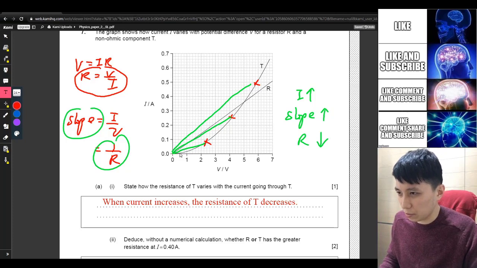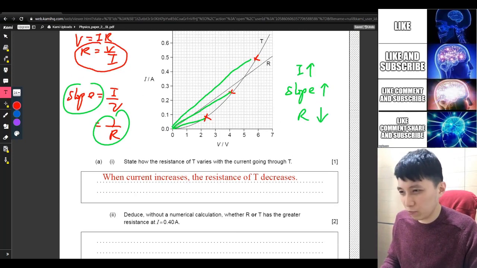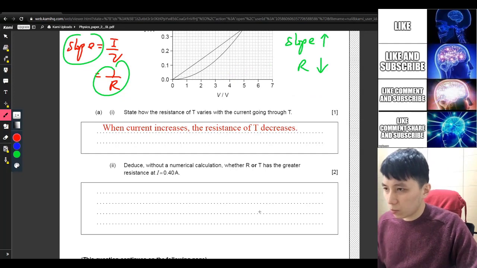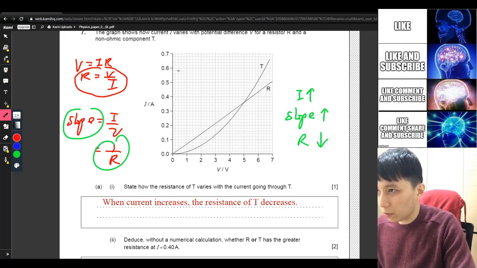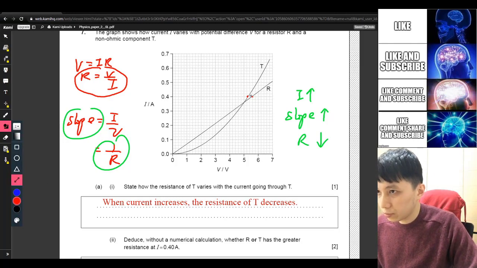Yeah, I think that should work for 1 mark, right? Decreases. Yeah, should we talk about the rate? If you really want to talk about the rate, I think decreasing at a decreasing rate, but I think we don't need that. I think that this should be good enough. Next up, it asks you which one will have a greater resistance at 0.4. So I guess what we have to do is to find out this point and this point and try to draw a line if you want to illustrate it.